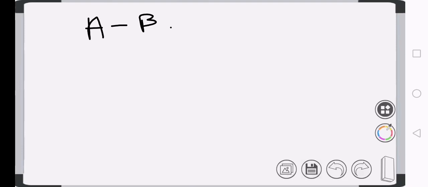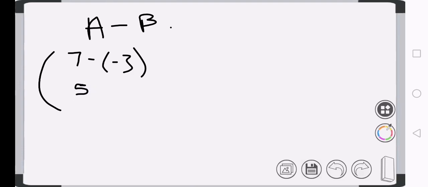So we'll do the same as we did with addition. So 7 is corresponding with -3, so it will be 7 minus -3. As you notice here, we are dealing with subtraction, so there's a negative sign there. Then 5 is corresponding with 8, so it will be 5 minus 8. Then you can see that 11 is corresponding with -3, so it will be 11 minus -3.